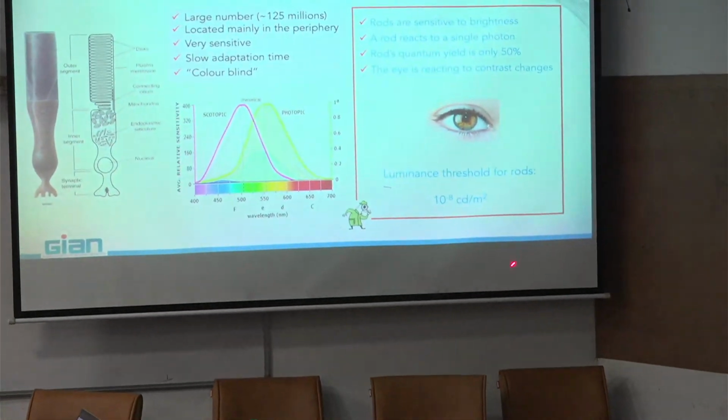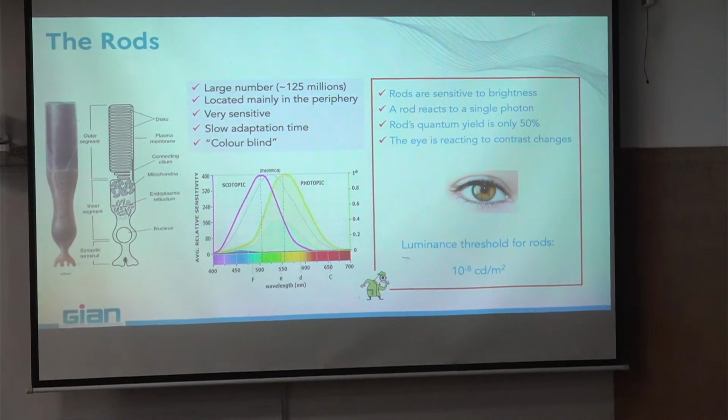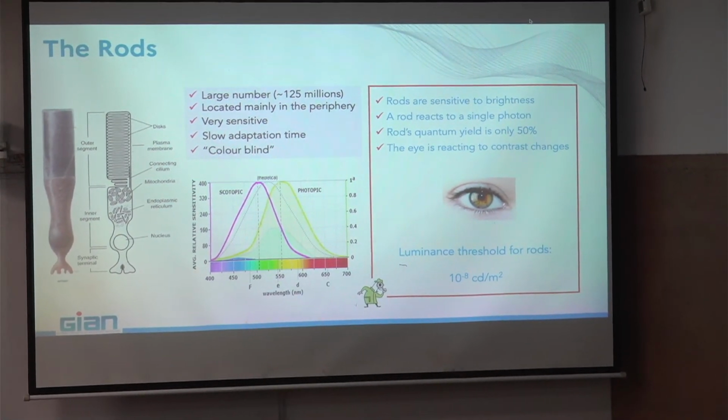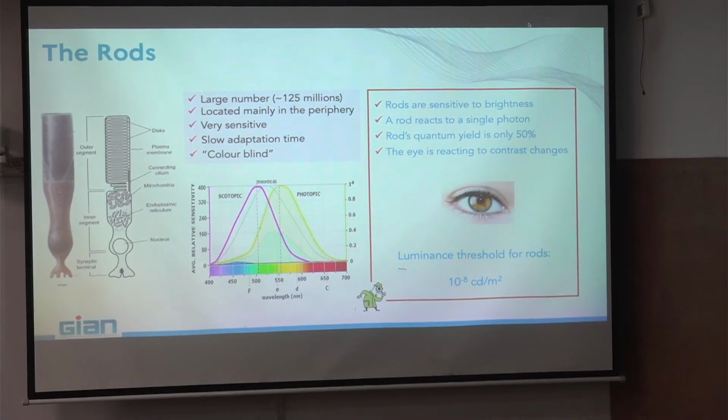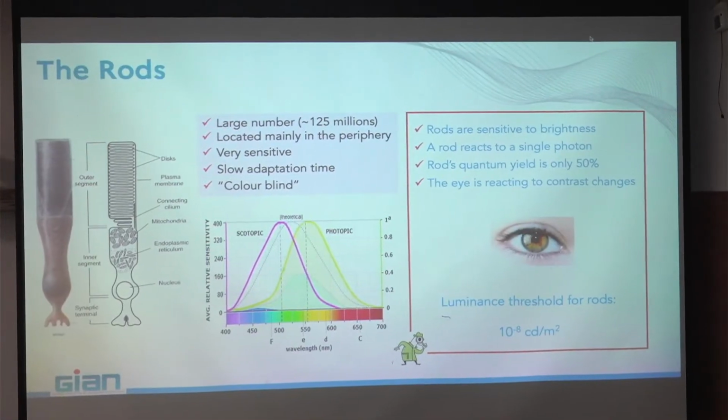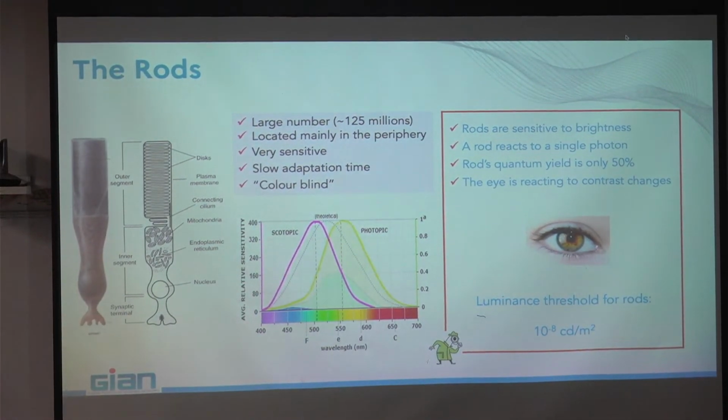And the rods can go down to 10⁻⁸ candelas per square meter. I remind you, one candela is a candle. Here it is 10⁻⁸ candelas per square meter. It's just extremely low.